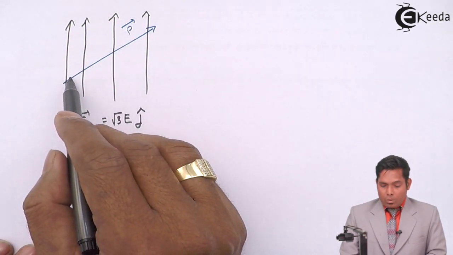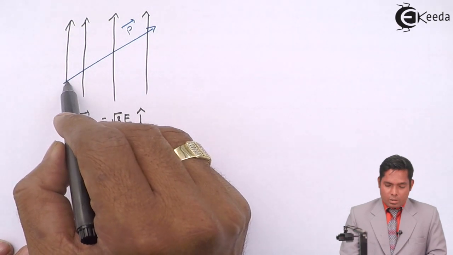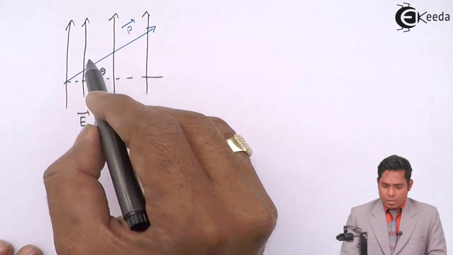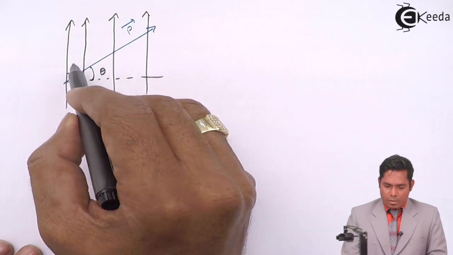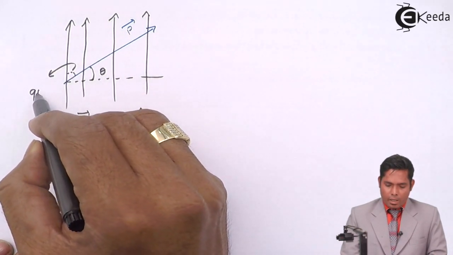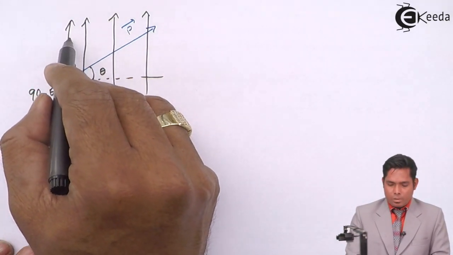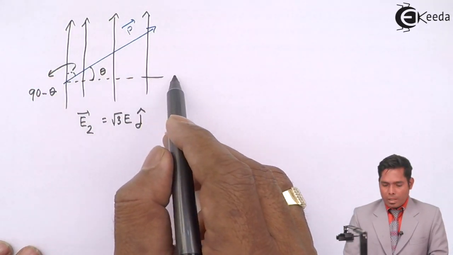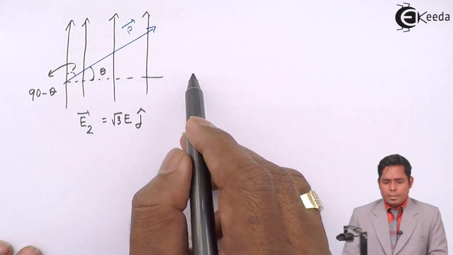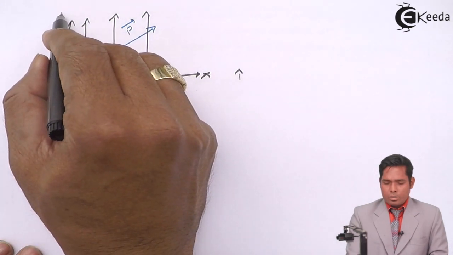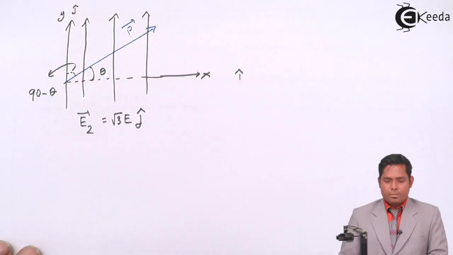Now if this is the angle theta, as initially, then this angle will be 90 minus theta, because this is your x-axis or i cap vector, and this is your y-axis or j cap vector.